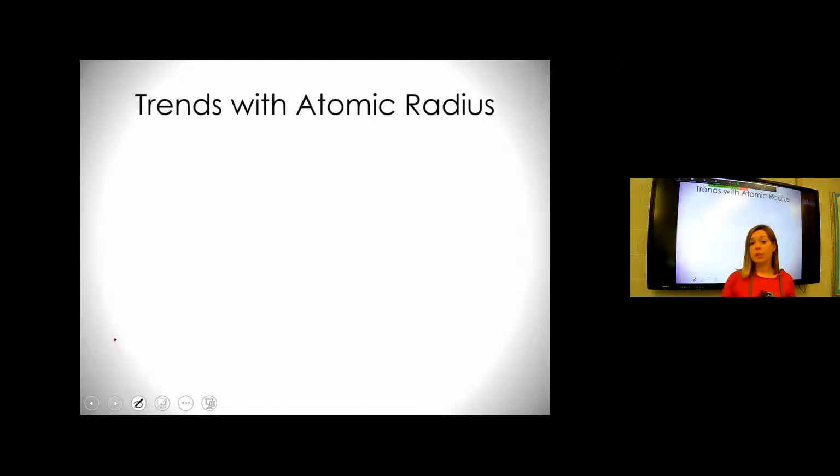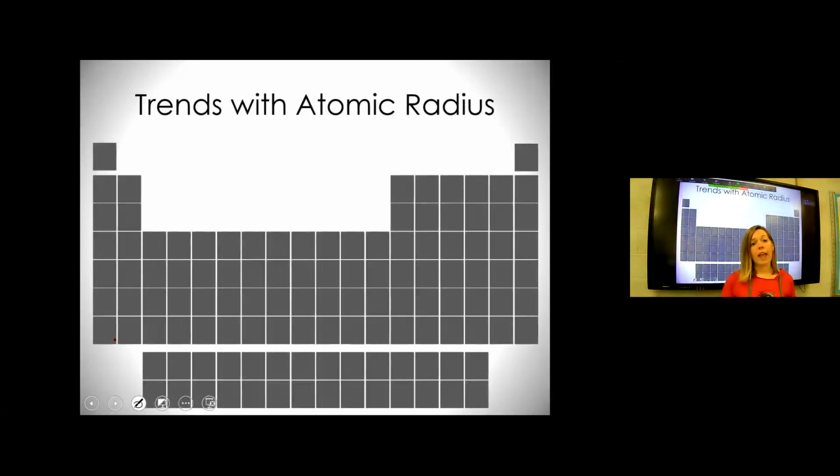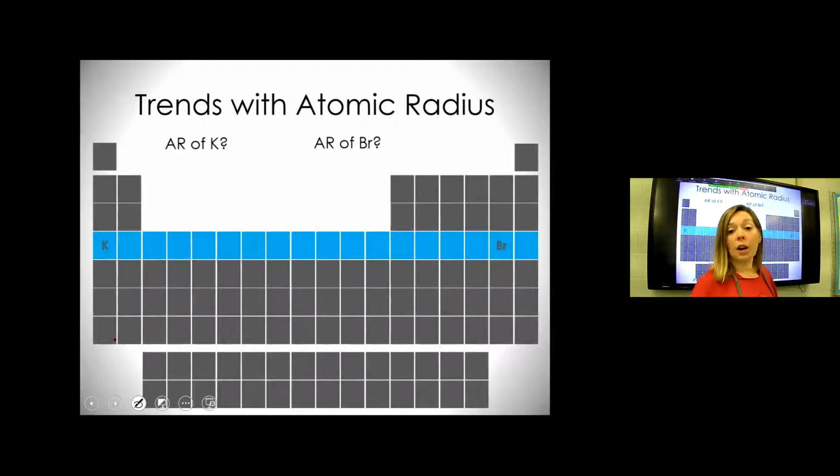So now we're going to do the same thing, except we are going to look at how the radius changes as we move across a period. We are going to start by looking up the radius of potassium and then of bromine. Again, on Table S, potassium is atomic number 19, and that has a radius of 200 picometers.